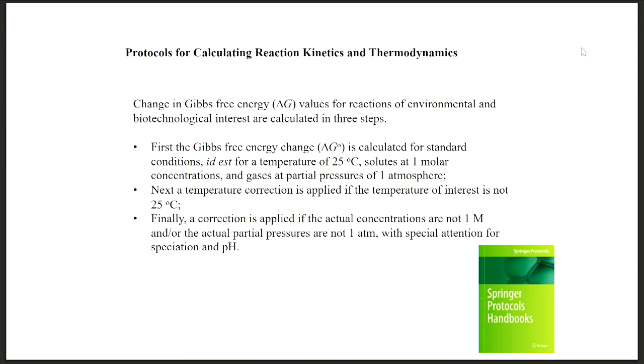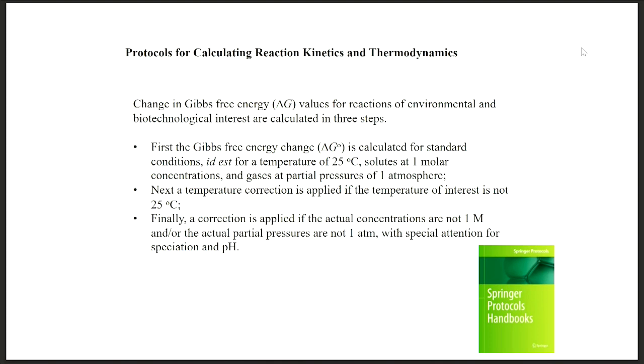So how do you do these thermodynamic calculations? I wrote a very short how-to, which was published in this book, and I'll just tell you basically what I wrote in this chapter. If you do Gibbs free energy calculations, it's basically 3 steps.